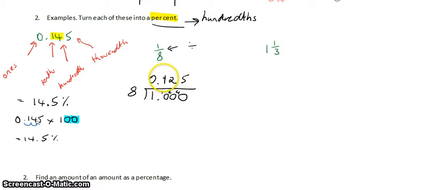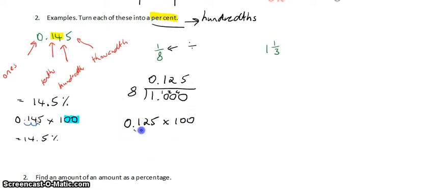So it's 12 hundredths, 5 thousandths. So it's 12.5%.